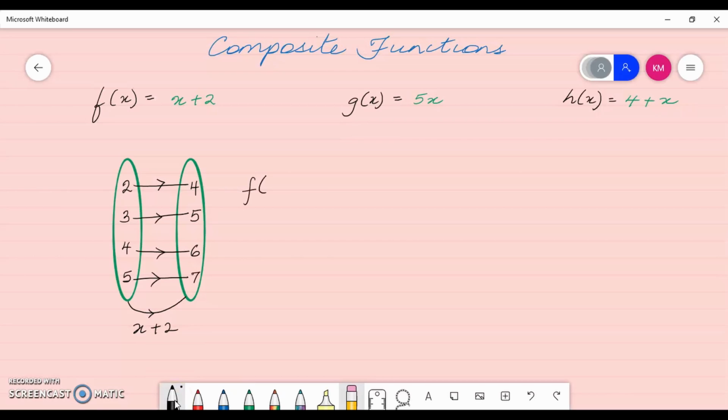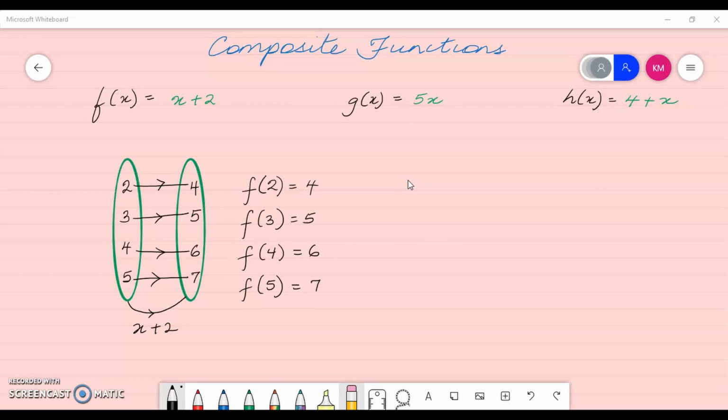Now, in functional notation, you are going to see f of 2 is equal to 4, f of 3 is equal to 5, f of 4 is equal to 6, and f of 5 is equal to 7. What this simply means is that these values in the brackets can be found in our domain, and these solutions on this side can be found in our range.